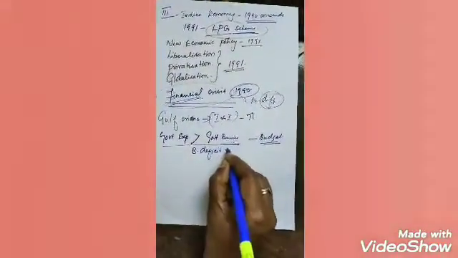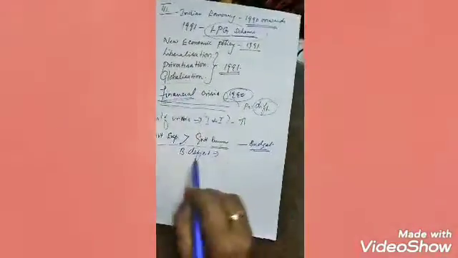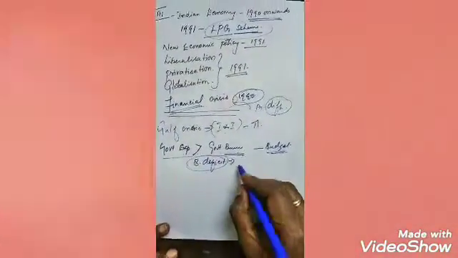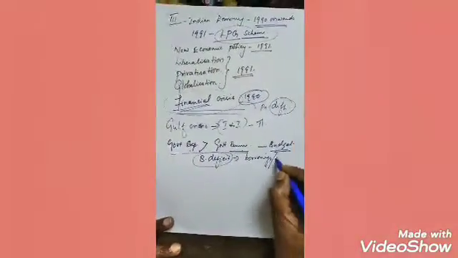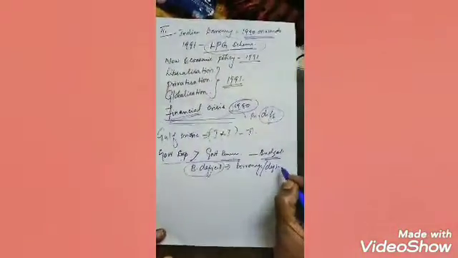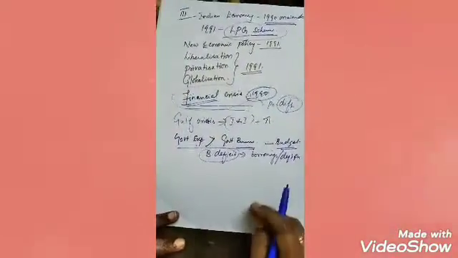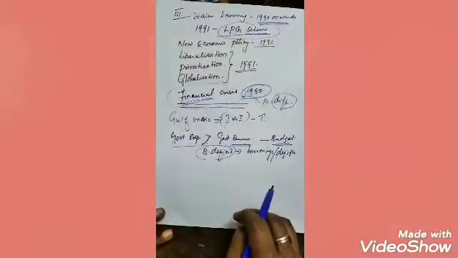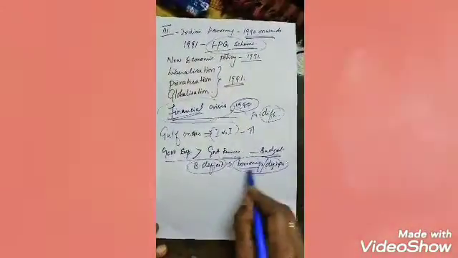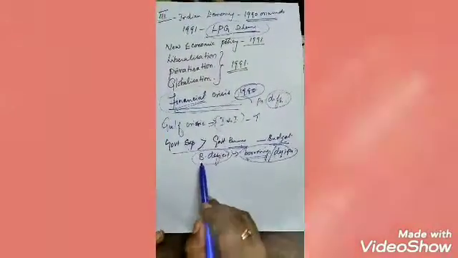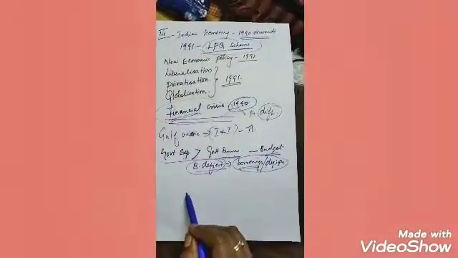How do we meet that deficit? We already studied: with the help of borrowings or deficit financing, that means printing new currencies, otherwise borrowing internally or externally.